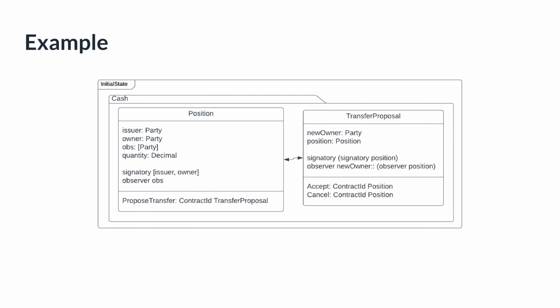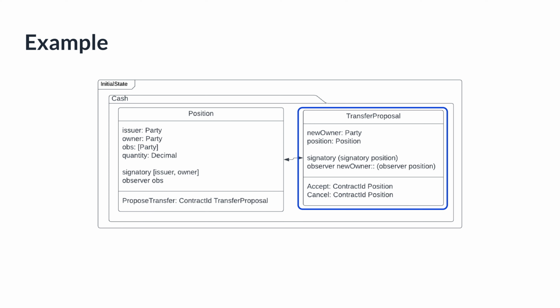Here is a scenario where there is a package named initial state that has a module named cache. It has two templates. The position template has issuer and owner as two signatories and observers as a list of parties. It has a choice, propose transfer, which returns the contract ID of a transfer proposal.